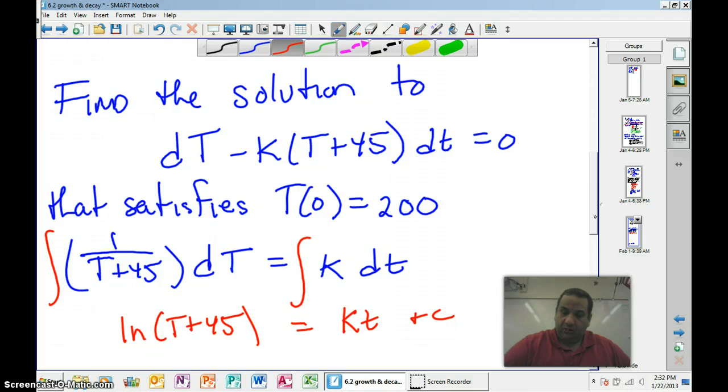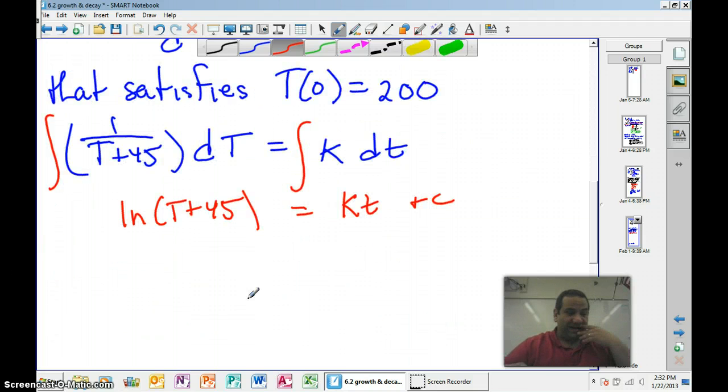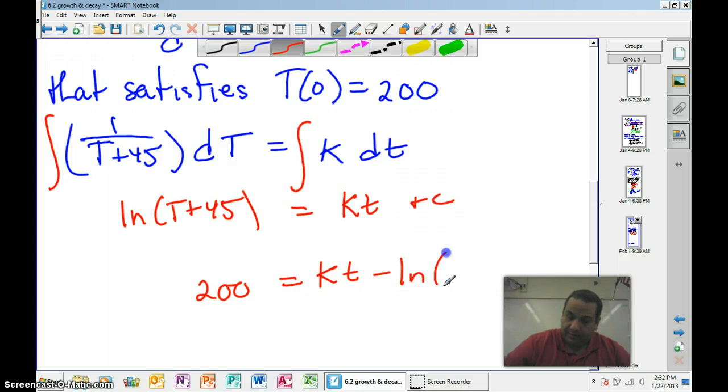So if I put it all on one side of this equation, I'm also going to use this: I'm going to plug in 0 and set it equal to 200. So 200 is equal to, let's move that to that side, kt minus ln of t plus 45.